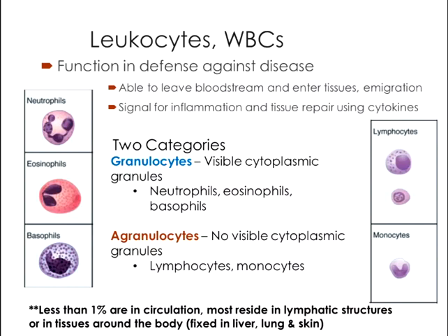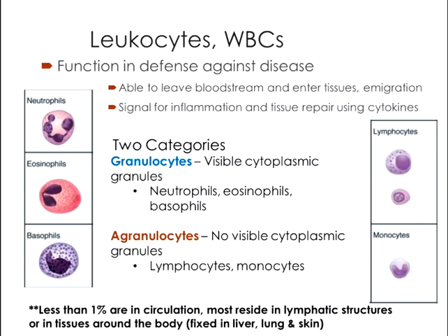The only reason they would leave is if there was a rupture in the blood vessel. You will discover that more clearly when you review the Anatomy TV section on hemostasis. Again, they act as a signal for inflammation and tissue repair, and they use chemical structures known as cytokines.